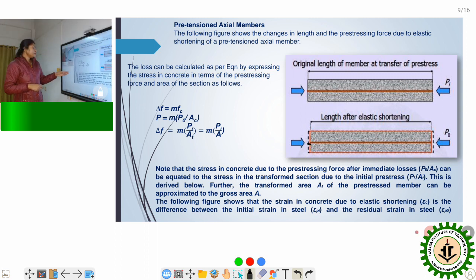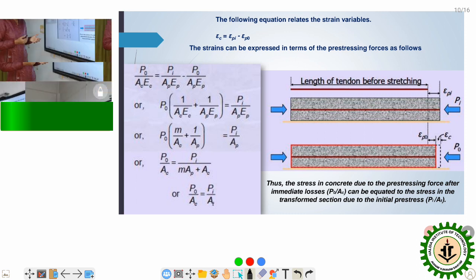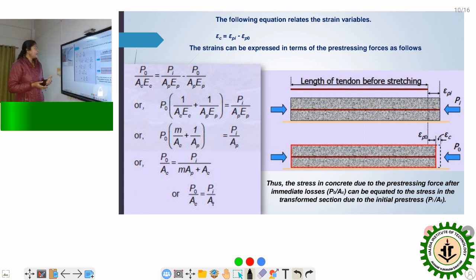So note that the stress in concrete due to pre-stressing force after immediate losses, P0 by Ac, can be equated to the stress in the transformed section due to the initial pre-stress, that is Pi by At. This is derived below, right? So now we already have understood that for the concrete section P0 by Ac is equal to Pi by At.